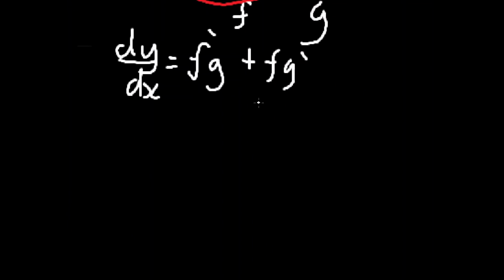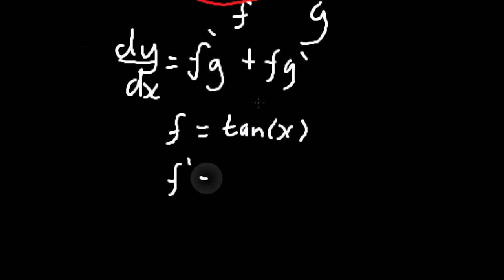Okay, so just to help with our writing out, we are going to differentiate this. So f is normally just tan, right? And when we differentiate this, it is equal to this thing called sec squared. Okay, what is that?